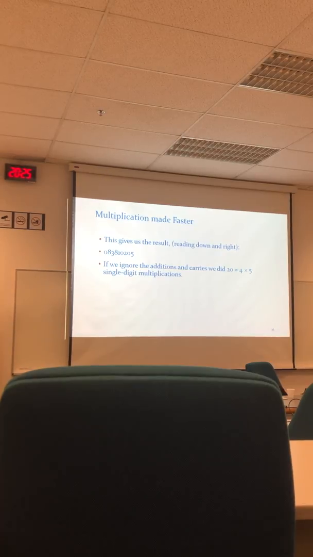I don't quite like this example actually, because in order to introduce the concept, firstly you are burdened with all the steps in Galois multiplication. So here again, to make it faster, you need some method. Instead of 20 single digit multiplications, we want to reduce it to less than 20.